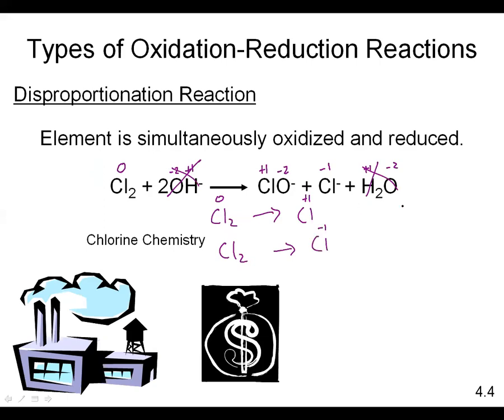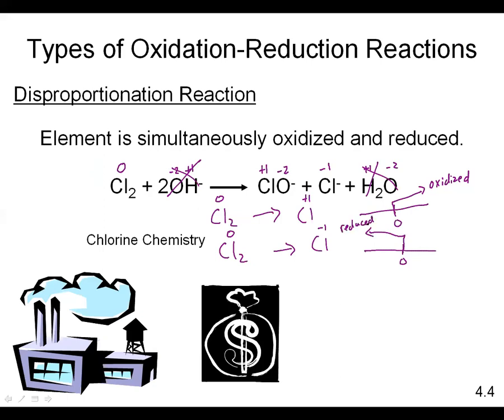In the first case, it is going from 0 to +1, which means it's being oxidized. While in the second case, it is going from 0 to -1, which means it's being reduced.